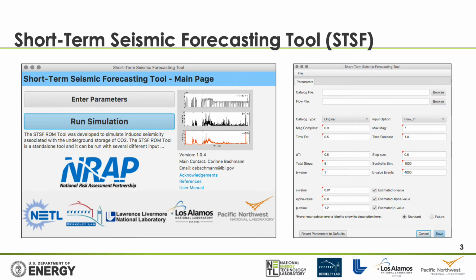Obviously we can't predict individual earthquakes, but we can understand the statistics of seismicity that's being observed and estimate whether the statistics are indicating that a site is at an unusually high hazard level that may suggest you should move into an amber light scenario or possibly a red light scenario. Our first step at this was the short-term seismic forecasting tool. This was released a few years ago, and we've updated it recently based on user feedback. It's available right now on the EDX website with user manual and test cases and so forth.